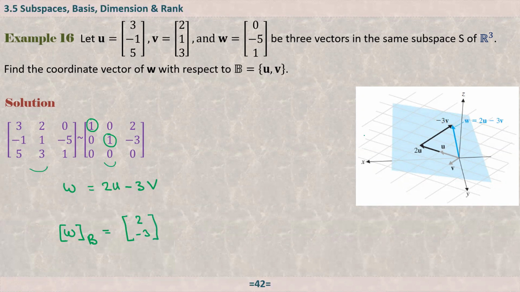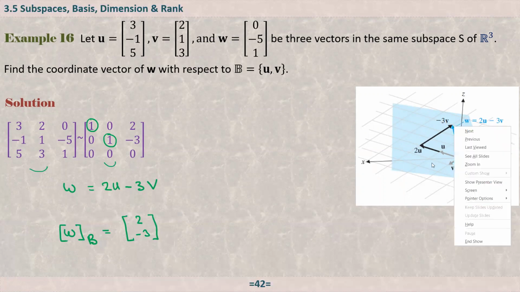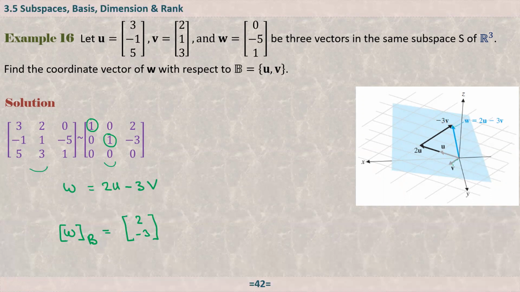What does it mean? It means that in this picture, this one is vector W, and here this one is vector U and vector V, and you're allowed to move only in the direction of V and in the direction of U. The question is, how can I reach the terminal point of W if we are allowed to move only along these two directions?